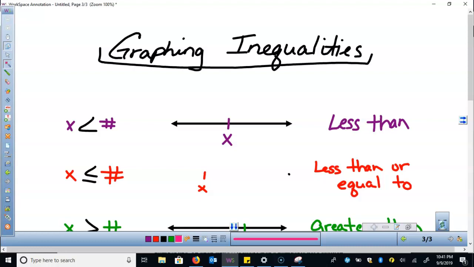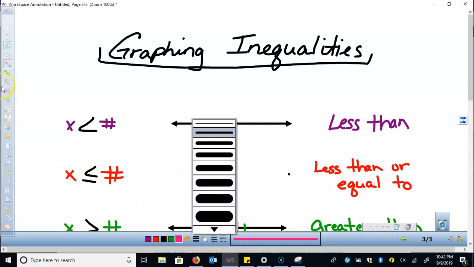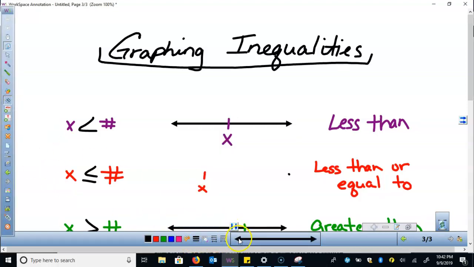Lastly, we're going to talk about graphing these inequalities, what it looks like to represent all possible solutions of these inequality statements. Each inequality is going to look different. Now, when we have an inequality statement that we want to graph, we end up with some value or a variable, in most cases, that is going to be compared to a number.